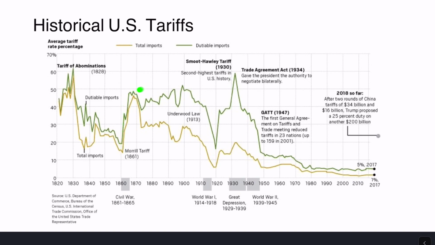We needed some more revenue, and so the federal government increased tariffs to get that revenue. And then they stay pretty high for a long time. And then we get down to about 1900, and they start going down. We get to World War I, and then they go way up, and we get to the Great Depression, and we get the Smoot-Hawley tariff. One of the causes of the Great Depression, one of these big tariffs that we had, up to like 60% for many agreements.